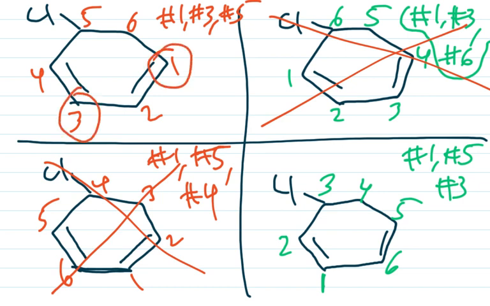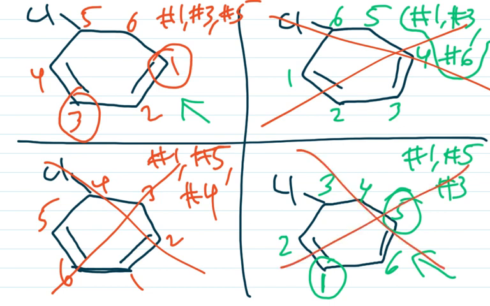What about here? At what carbon numbers are the double bonds on? That'd be carbon number 1 and carbon number 5. So who's less? 1 and 3 or 1 and 5? It would be 1 and 3, right? So this carbon numbering pattern would win. So we could X this out. So now let's just focus on this numbering pattern and this molecule and then go on and name it.